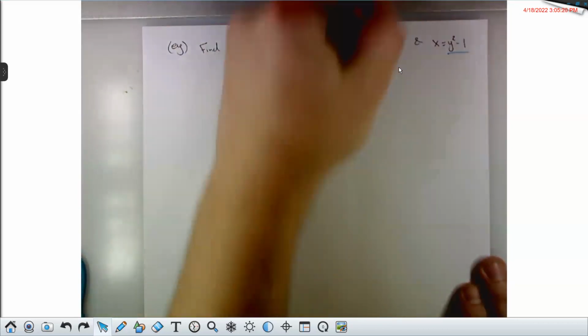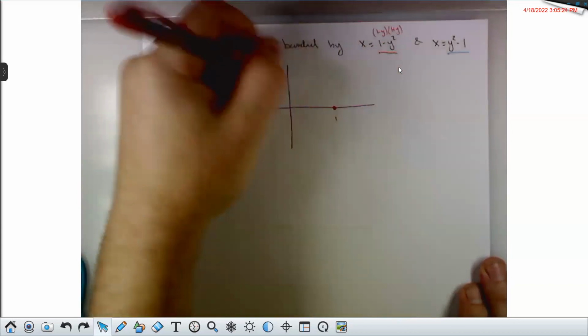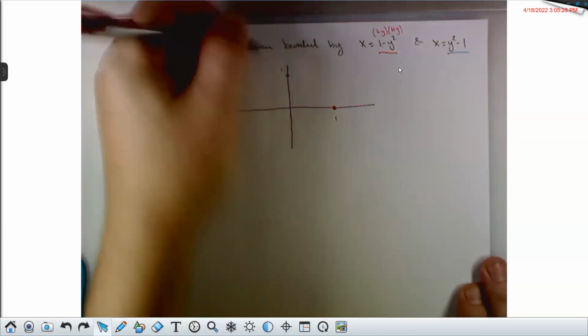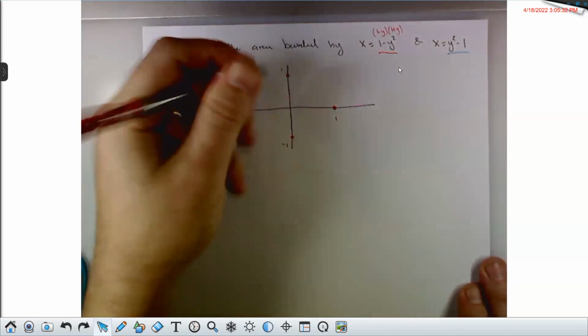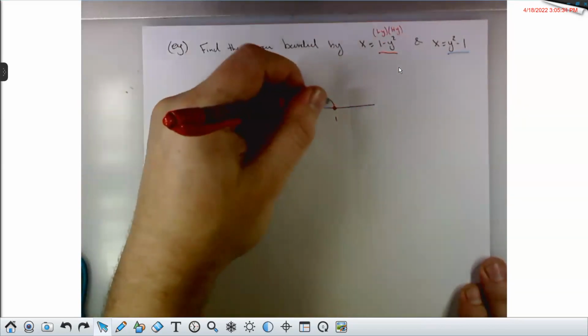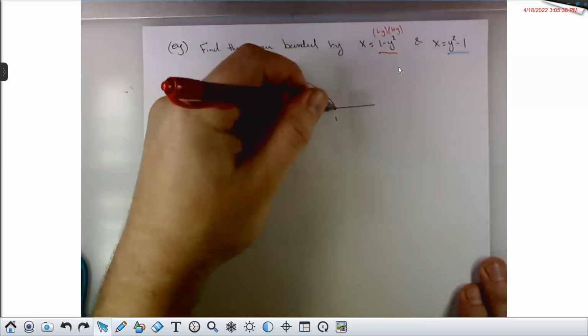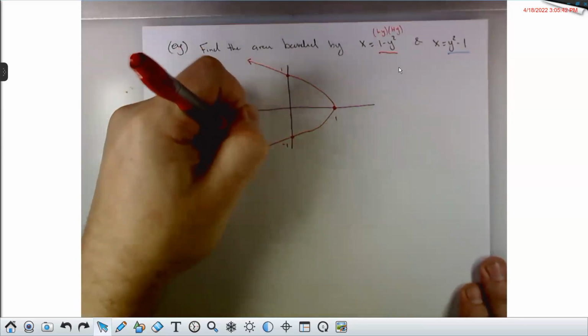And if you factor this, this is 1 minus y times 1 plus y. So we have y-intercepts up here at 1 and down here at -1. So this parabola has to be looking like this. Modulo my bad art, something like that.